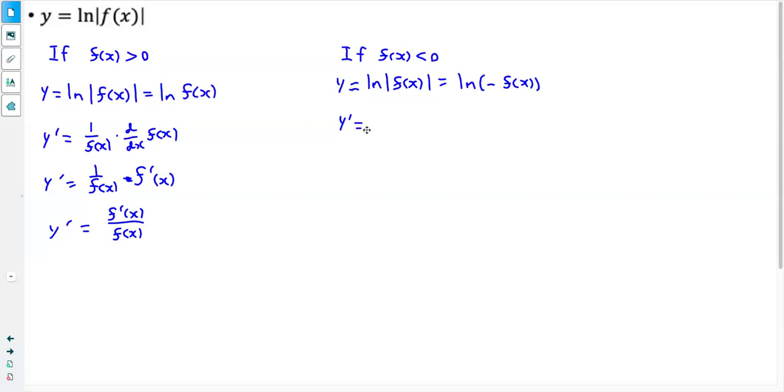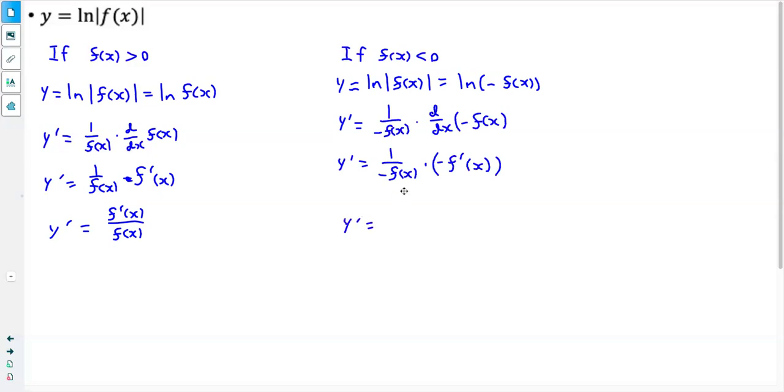Which means y prime would be 1 over negative f of x times d dx of negative f of x. So you'd have y prime equals 1 over negative f of x times negative of f prime of x. Now you'll notice our negatives will cancel out, so that gives us y prime is equal to f prime of x over f of x.